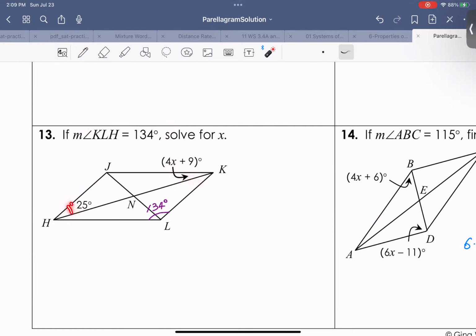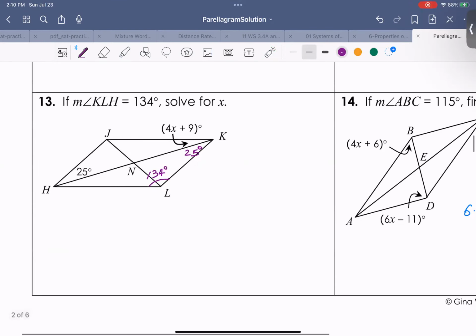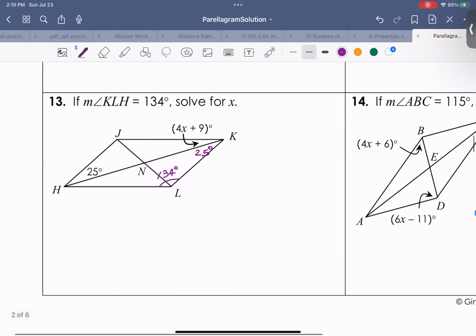This is 25, this is also 25, right? Okay, so mark this guy 25 here. And then this plus... 134 plus 25. So what's the equation? The equation is 4x plus 9 plus 25 plus 134 equals 180.